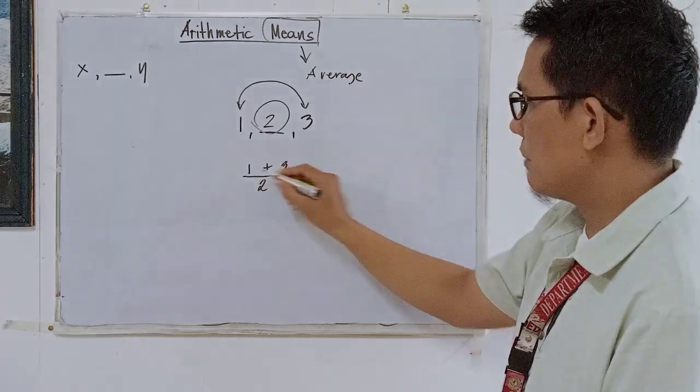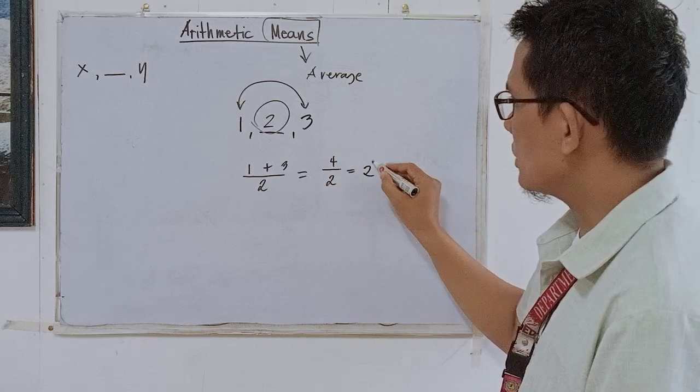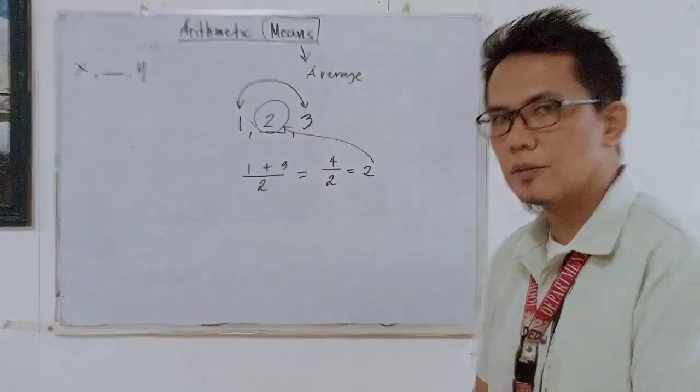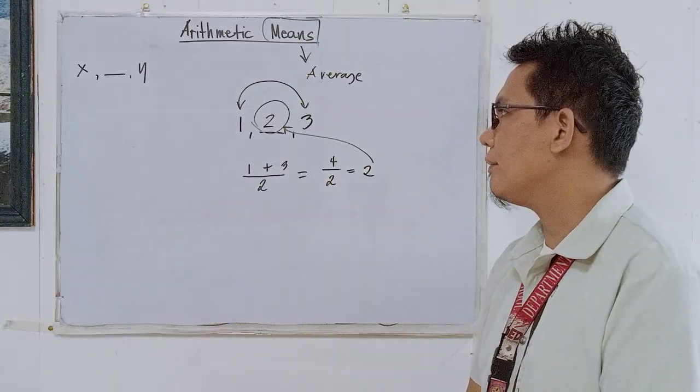So this becomes 1 plus 3 is equal to 4, divided by 2, 4 divided by 2 is 2. Therefore, we're going to insert our 2 as an arithmetic mean between 1 and 3.